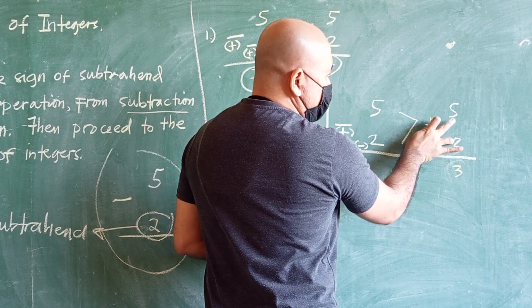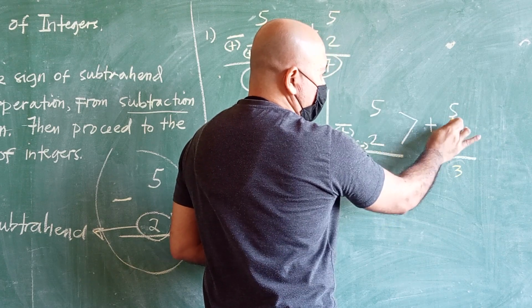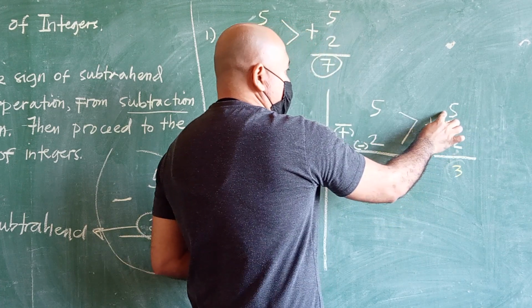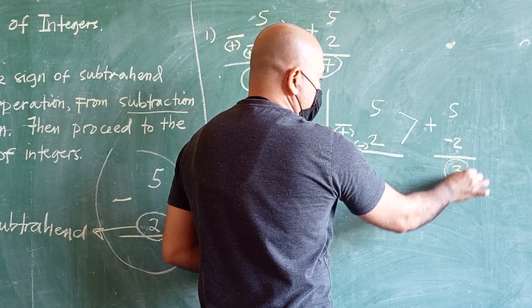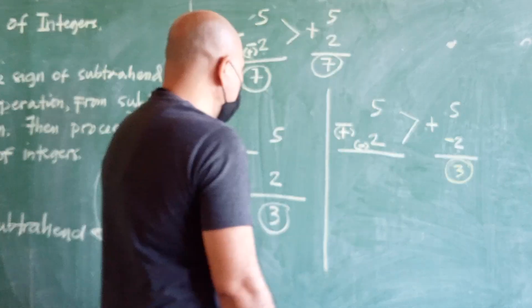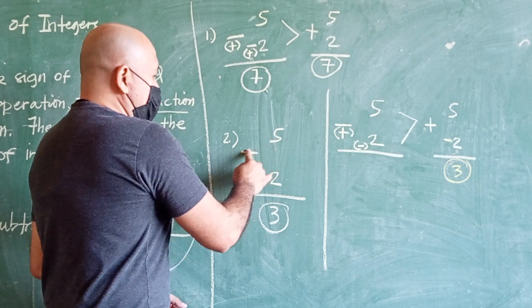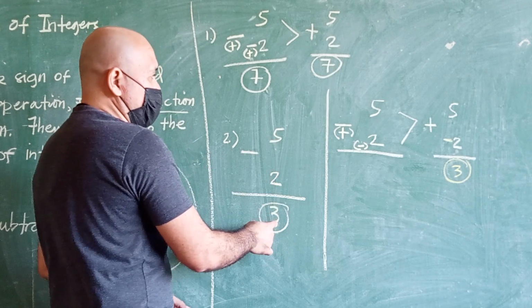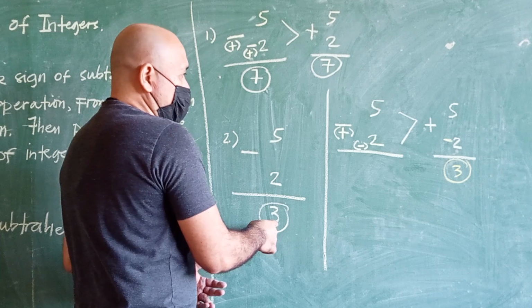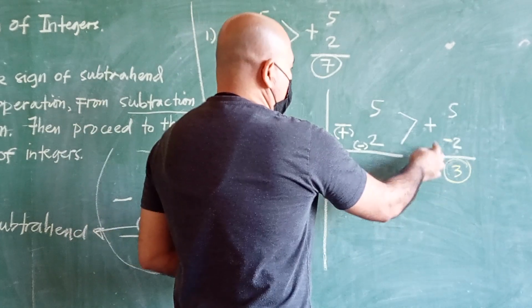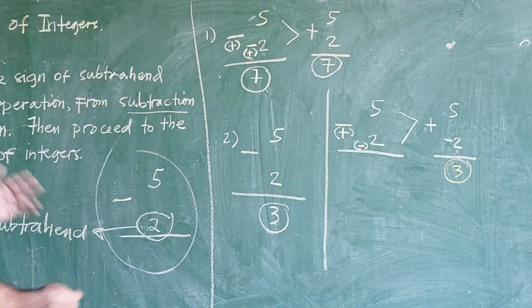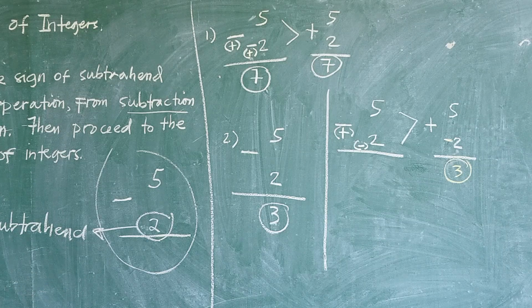Compare the two: since 5 has the bigger absolute value and the sign is positive, your answer is positive. So positive 5 minus positive 2, the answer is 3. The same will come out if we apply the rules in subtracting integers.